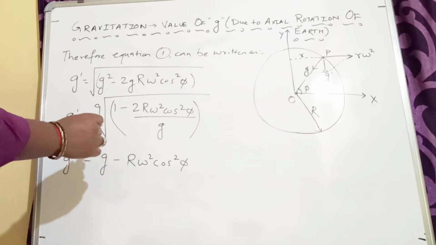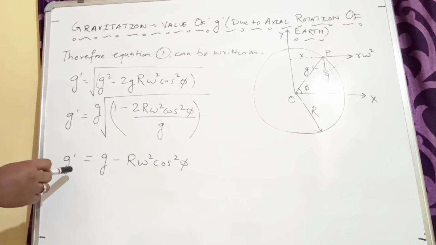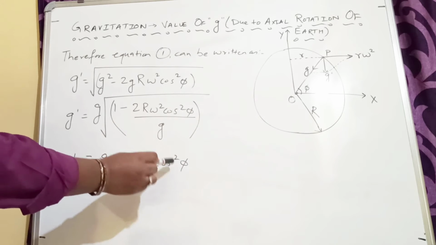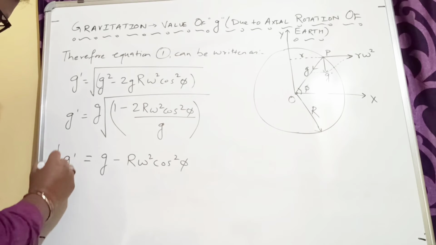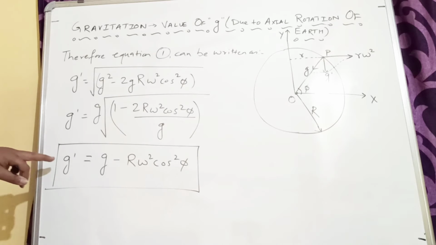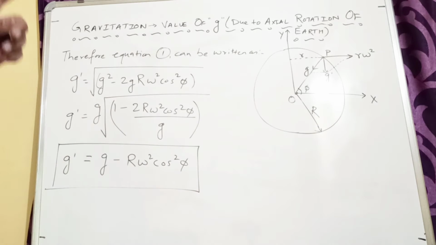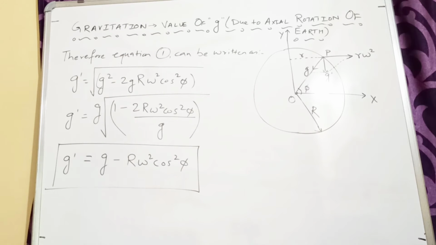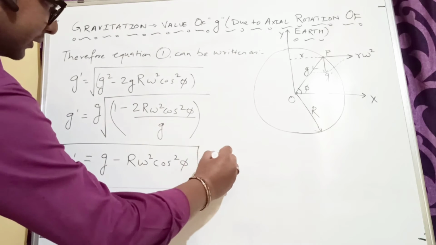After simplifying this equation, the final equation is g dash equals g minus R omega square cos square phi. This g dash is the value of g due to the axial rotation of Earth. Clear? So this is your final expression.